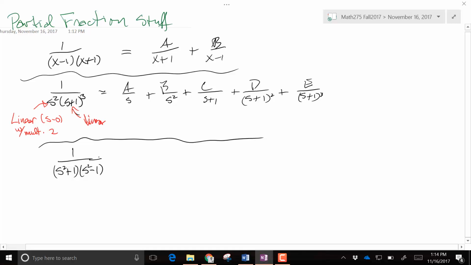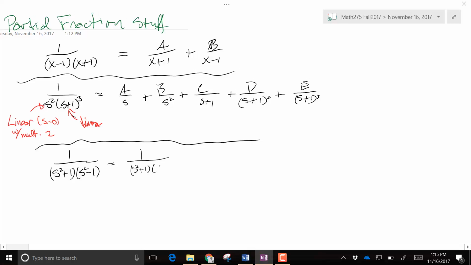So let's try to throw you off a little bit. One of them is an irreducible quadratic. The other one can still be factored into linear terms. So before you break this up, what you want to do is factor as much as you can until you can't factor anymore. So the first factor here, s squared plus 1, is an irreducible quadratic. And then this one can actually be factored, so you have to treat it like two linear terms.